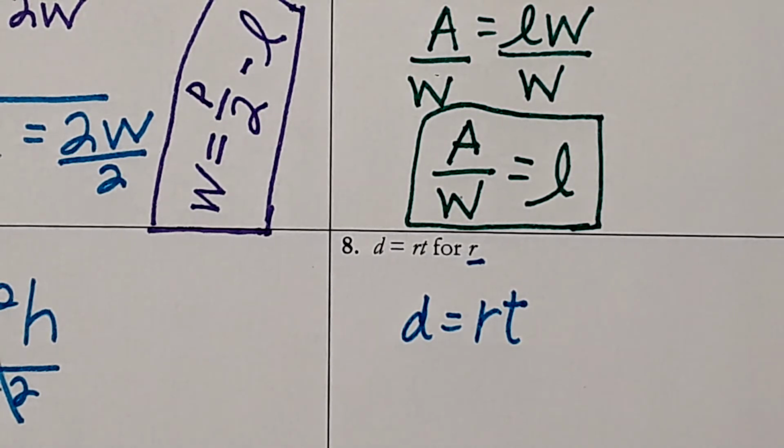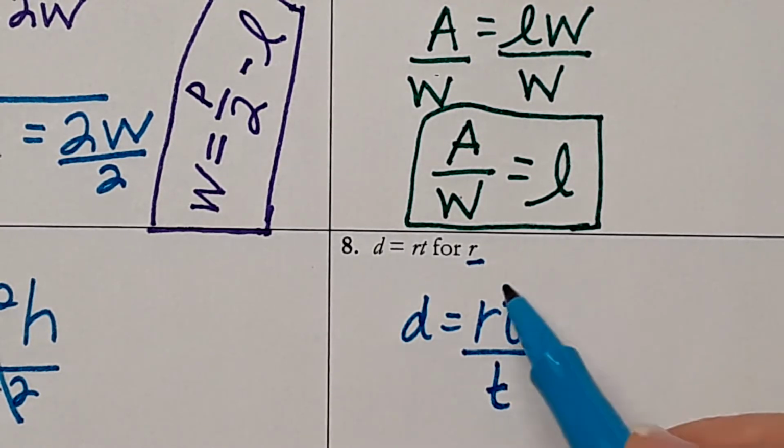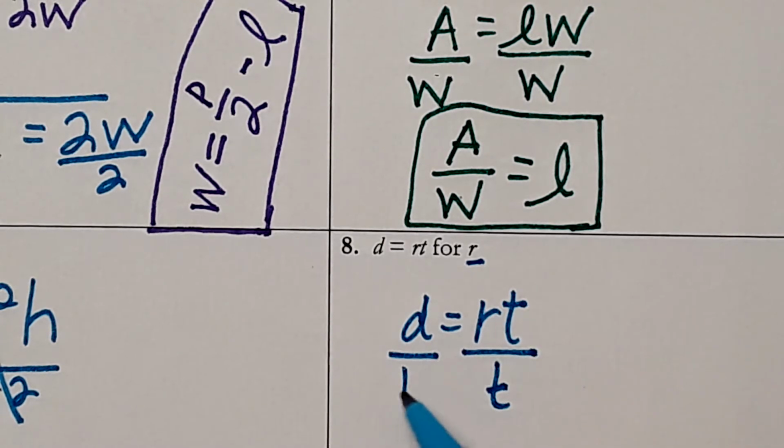No. What are R and T doing? They're being multiplied. What is the inverse of multiplication? The inverse of multiplication is division. So I'm going to divide by the T because I want to solve for R. So my final answer is D over T equals R.